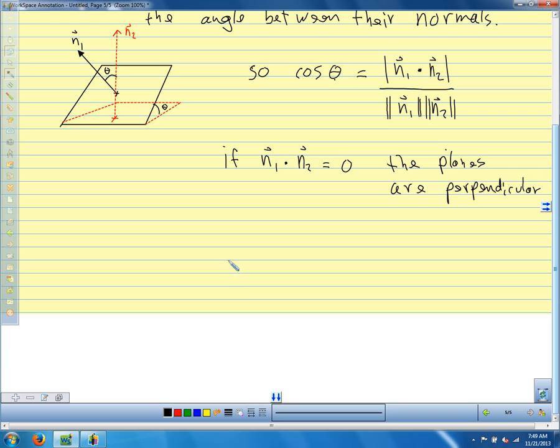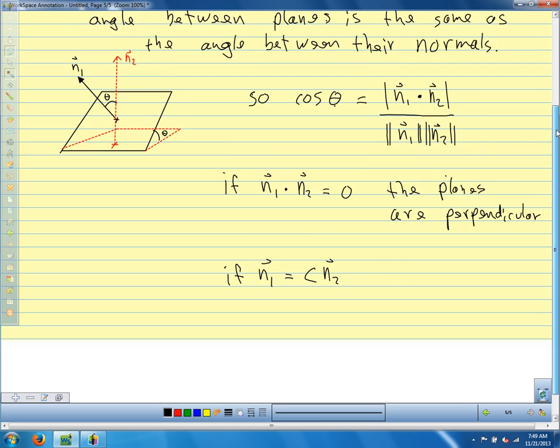And if n1 equals some scalar multiple of n2, what do we know about the planes? They are parallel. And if we formed our dot product, what would happen with our dot product?